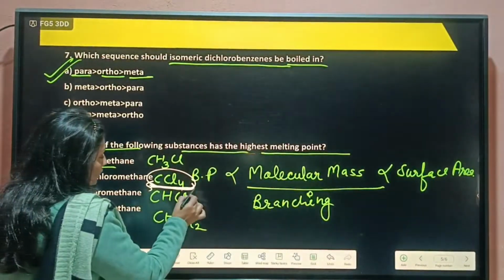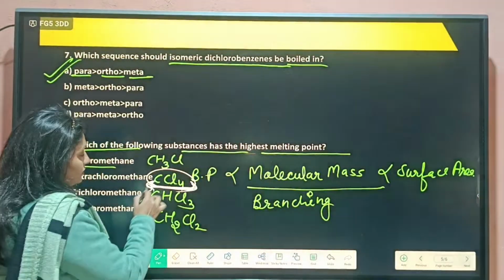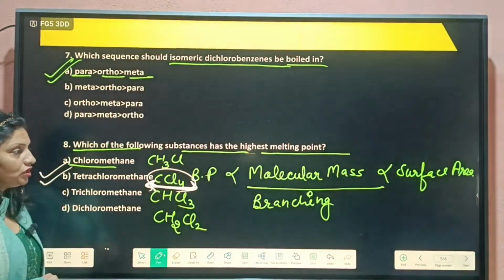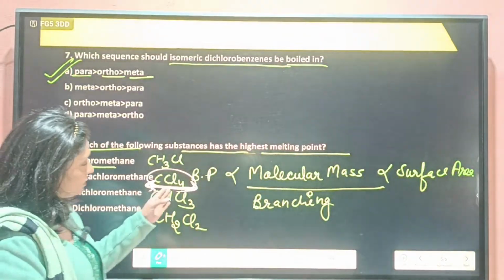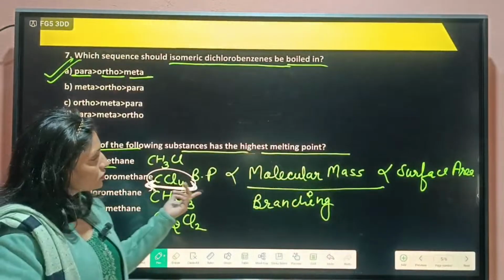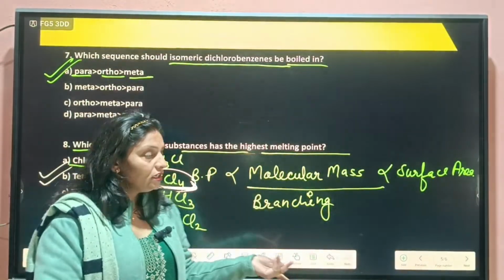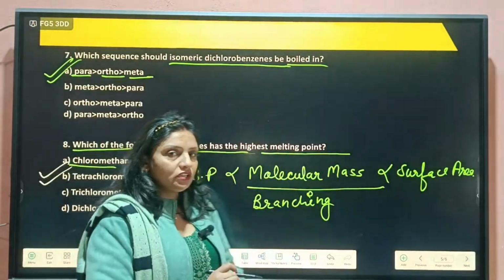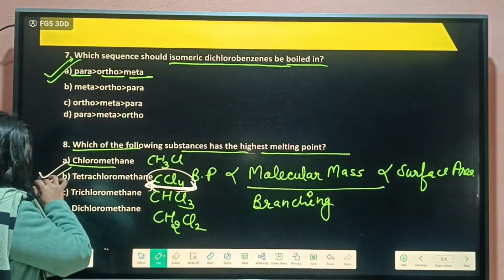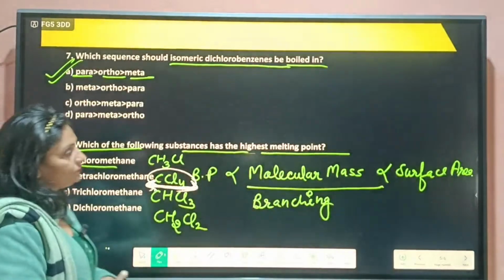Due to the highest molecular mass, we can go with this option. The van der Waals force of attraction will be greater, that's why the boiling point is also high. So we can go with this option.